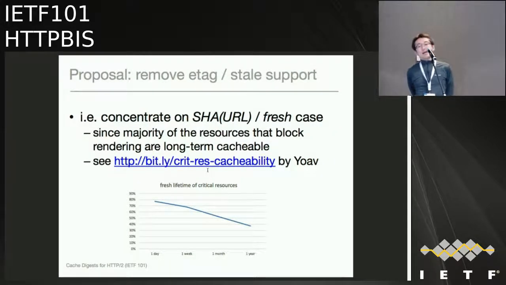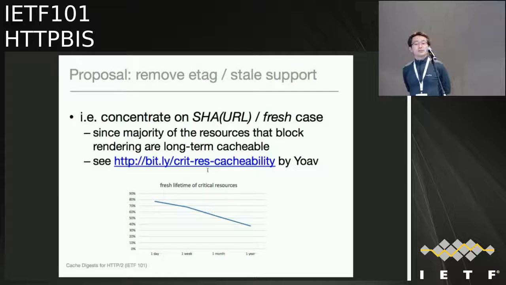So, but the fortunate thing is that the first row one is known to work well, and actually your app has gathered some data from HTTP archive, and it shows that most of the long-term cached resources are actually the most critical ones.